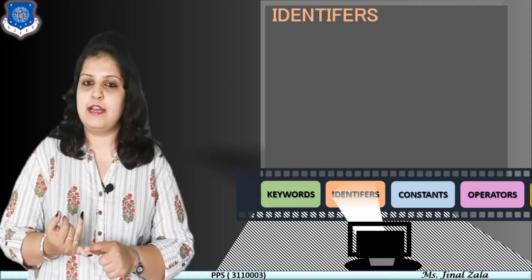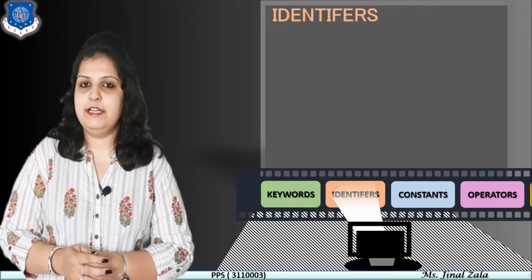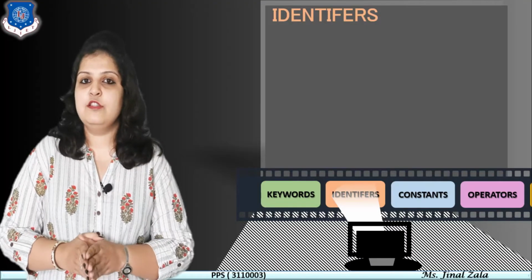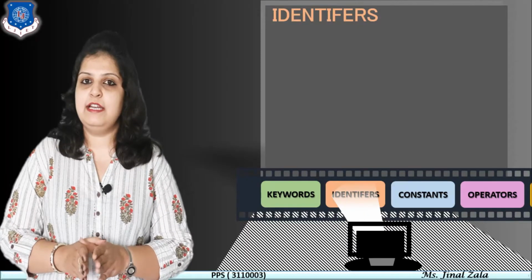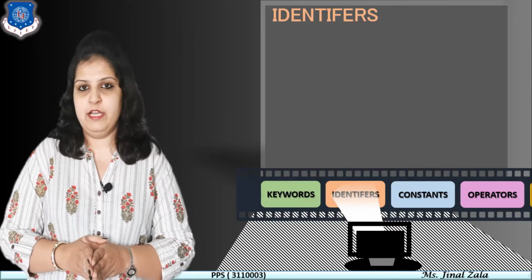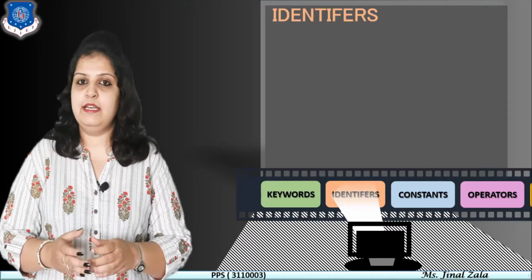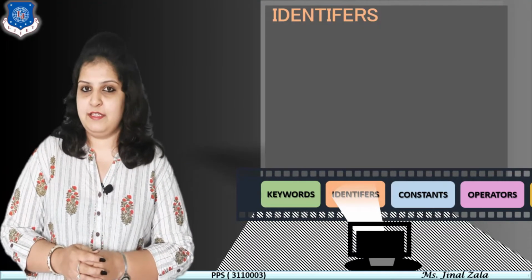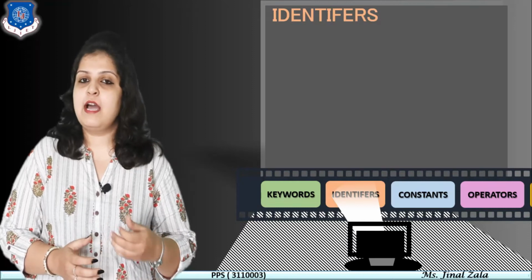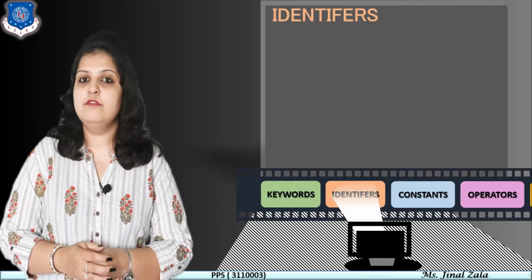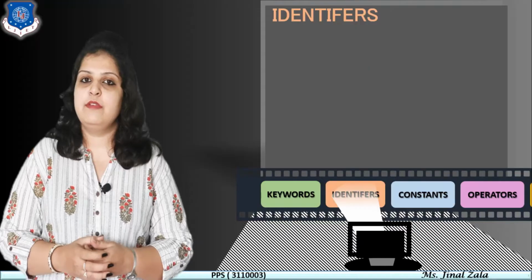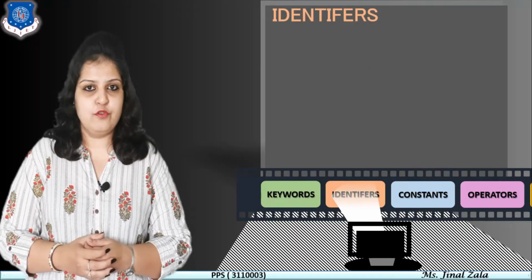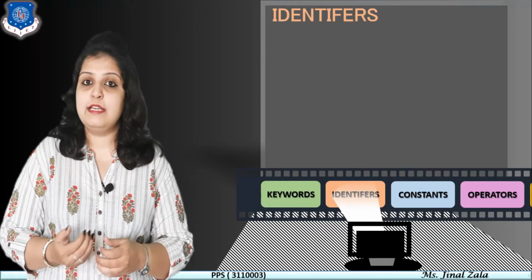So A and R are called identifiers, and these have no fixed meaning, they are not predefined. The user can define them as per his or her choice of identifier name, but by following some rules.